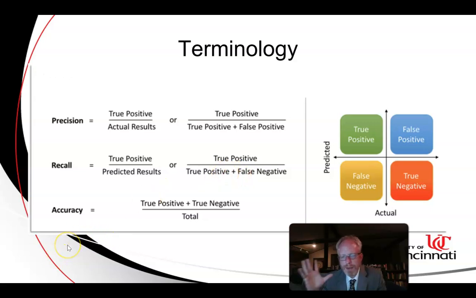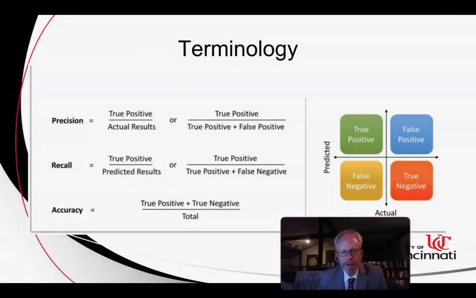On the other hand, let's say that we maybe underdid things a little bit. Let's say that we didn't get as many positives as we should have. Well, then there's less chance of getting a false positive, and so the precision score is likely to be closer to 1. So you see, these kind of compete with each other. One of us wants to over-assume positives, and the other one wants to under-assume positives.